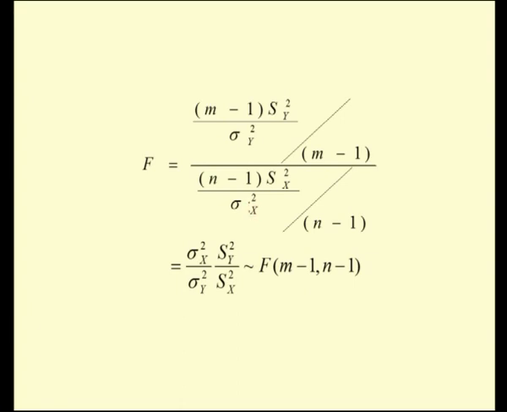The ratio of the variances has to be divided by its corresponding degrees of freedom, therefore here it is m minus 1 and here it is n minus 1. Therefore, the F statistic, sigma squared x by sigma squared y into s squared y by s squared x, follows F distribution with m minus 1, n minus 1 degrees of freedom.